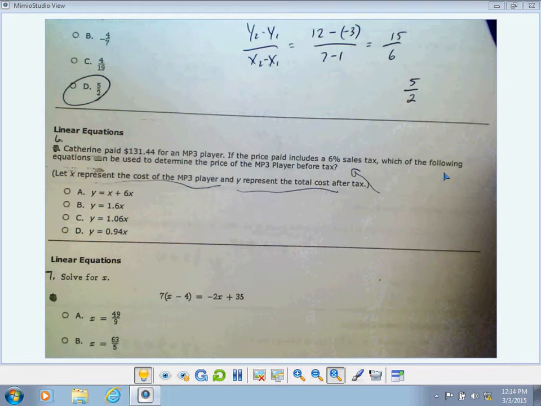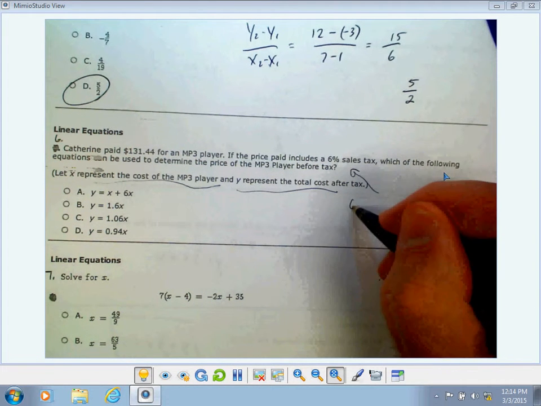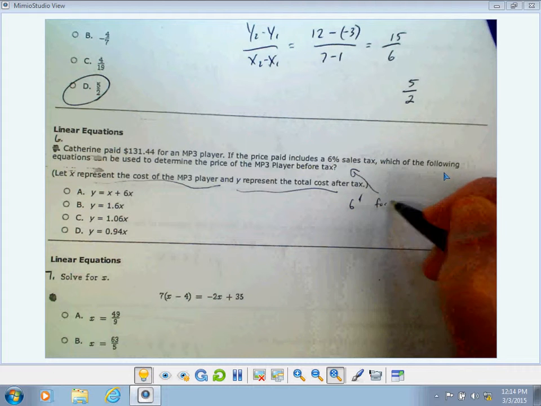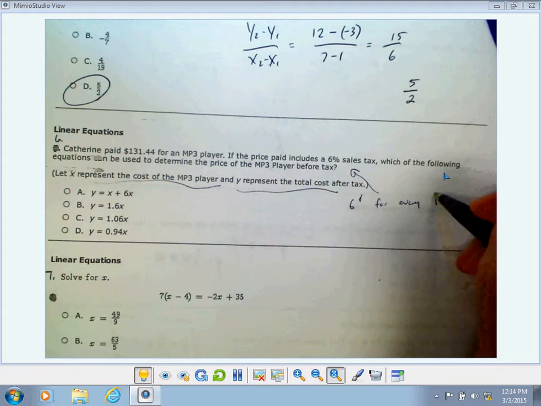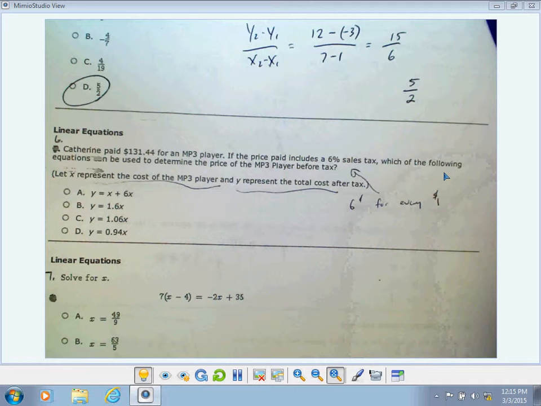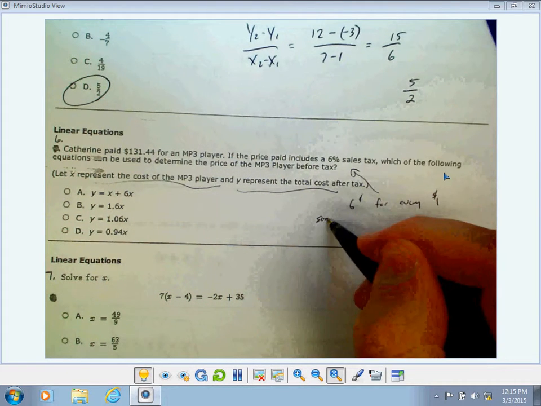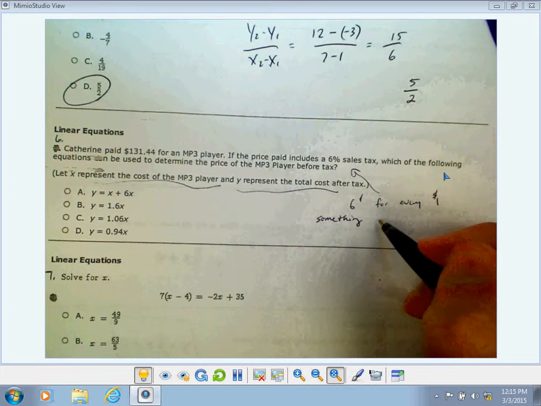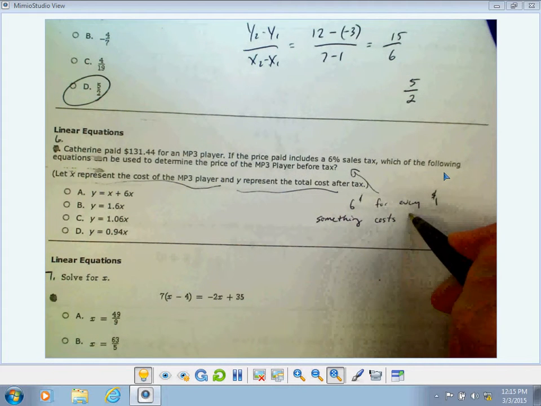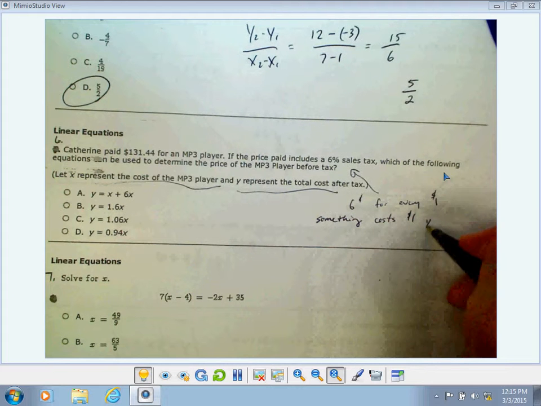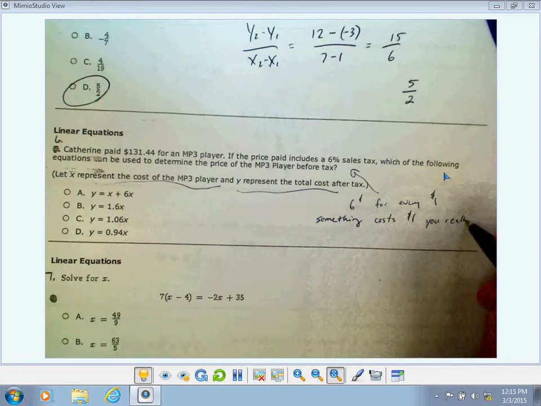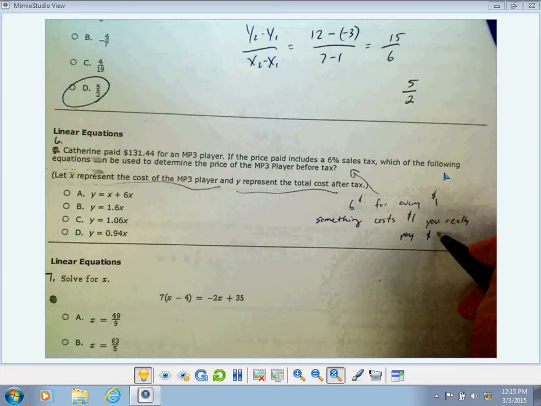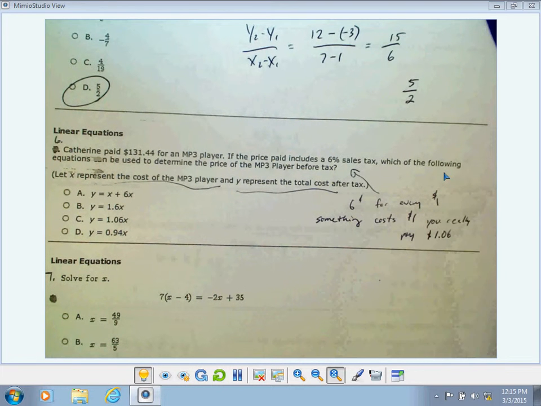Well, it's important to understand what a 6% sales tax means. What that means is that you pay 6 cents for every dollar in tax, which means that if something costs $1, then really you pay $1.06 for it. So maybe we should write that down. Something costs $1, you really pay $1.06 because of the tax.